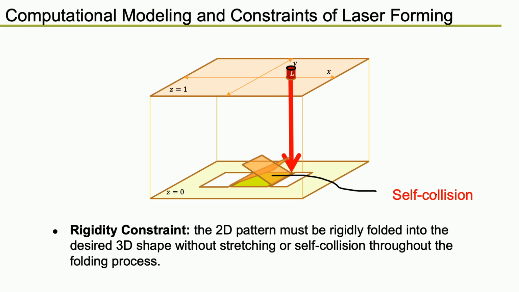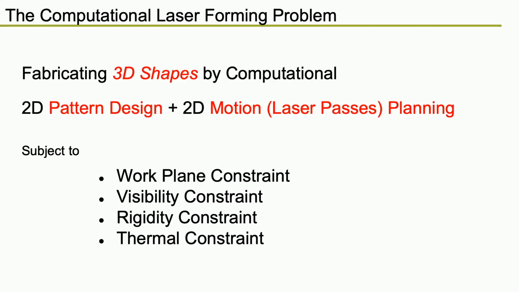And of course, there's a rigidity constraint that the 2D pattern must not self-intersect during the folding process. Based on our modeling, we can summarize our laser forming problem as fabricating a 3D shape using a 2D pattern and 2D motion, subject to these constraints.